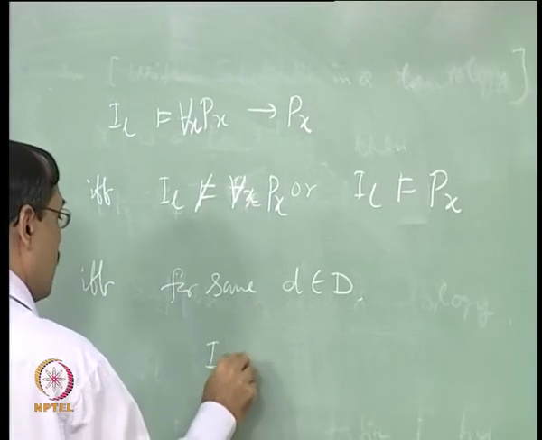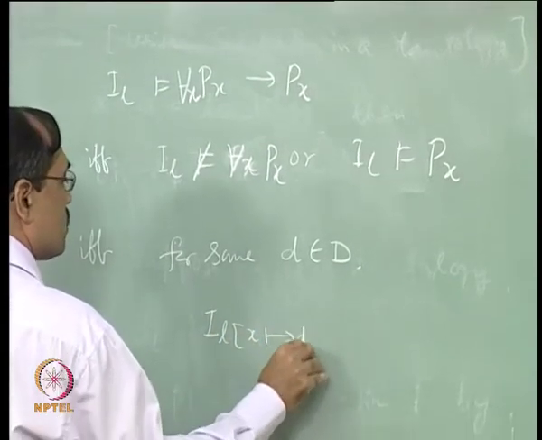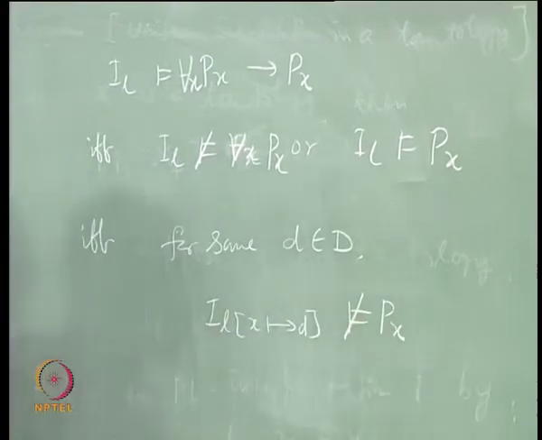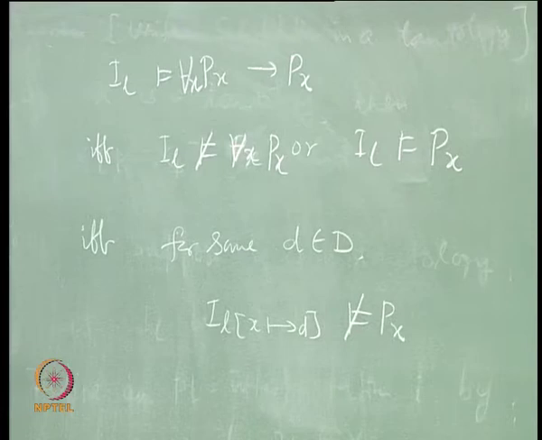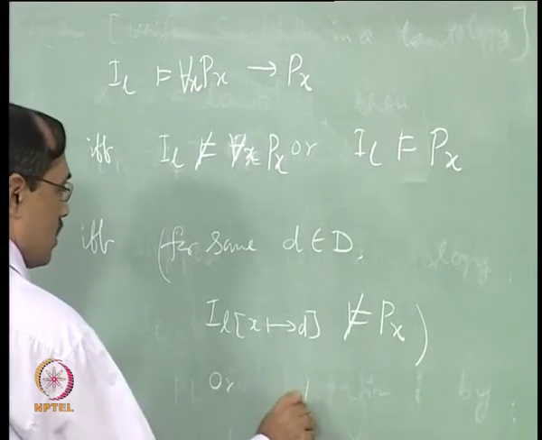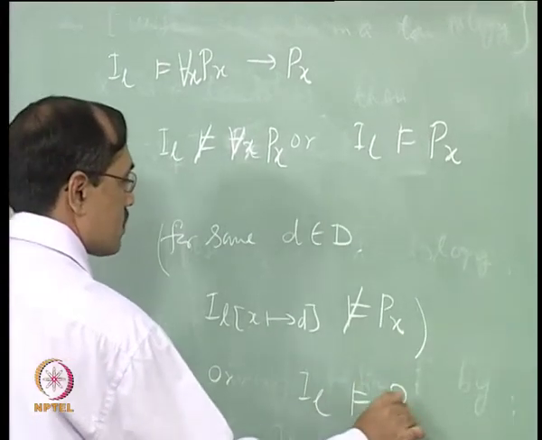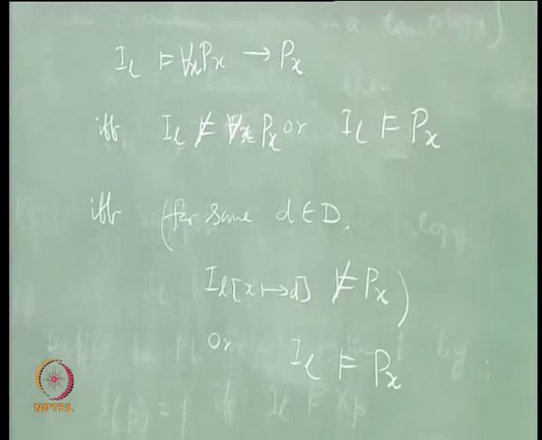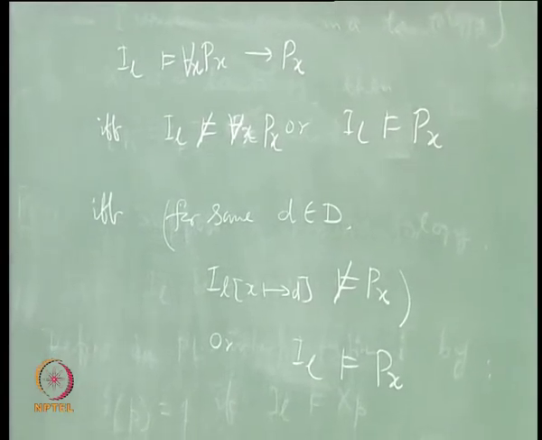I L x fixed to D does not satisfy P x, is that okay? For each x it does not satisfy, that means there is at least one element for which it does not hold, right. So, then what happens? We write this, then or I L satisfies P x. Okay. That is what we had done.